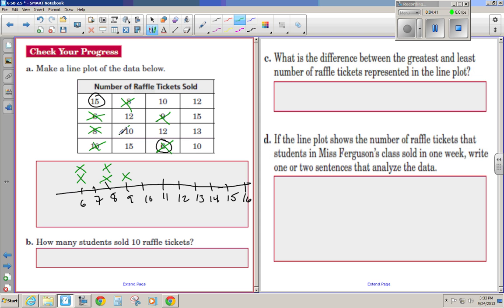Here's 1, 2, 3, 4 10s. No 11s. Here's 3 12s. Here's 1 13. And then 3 15s.